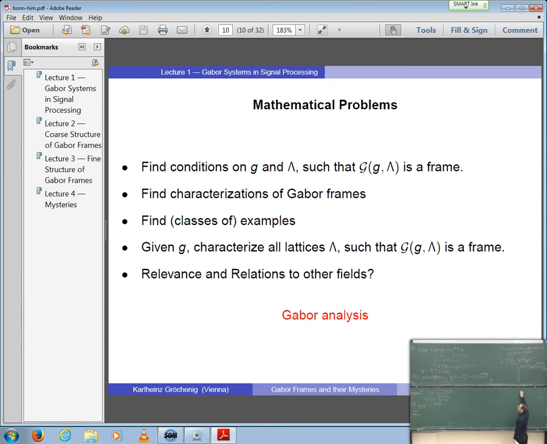Here it's good to have slides where you can go back. Lemma 1 said that this here is equal to e to the minus 2 pi i, so I don't know that by heart, z, j zeta, V g f of z.